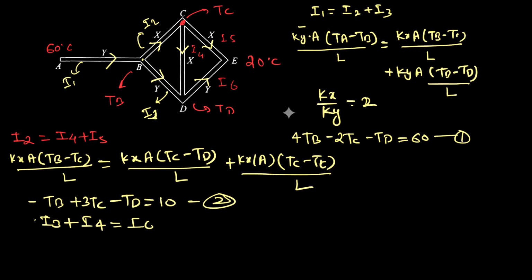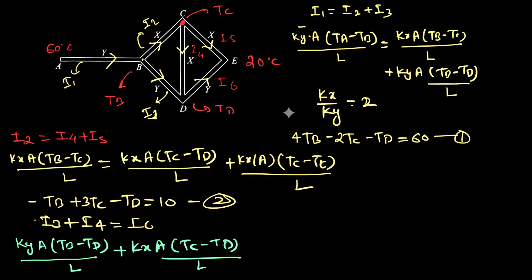I substitute the values. Finally I'll get Ky A (TB minus TD) divided by L plus Kx into A (TC minus TD) divided by L, that should be equal to Ky into A, that is (TD minus TE) divided by L. I am talking about this junction, this one.